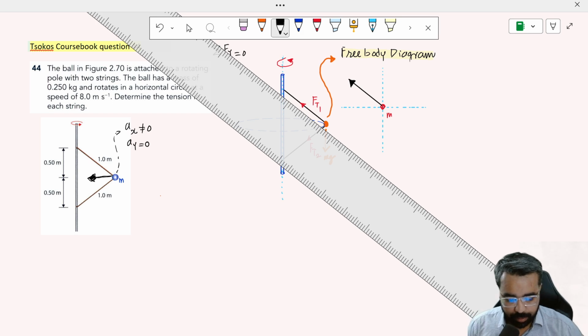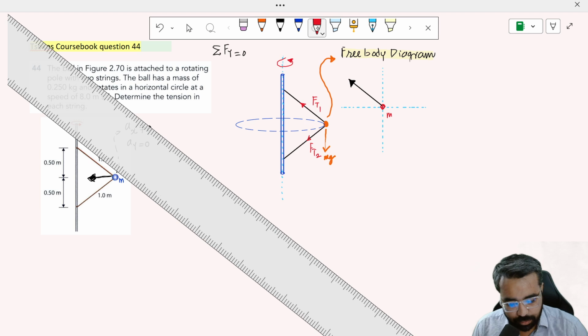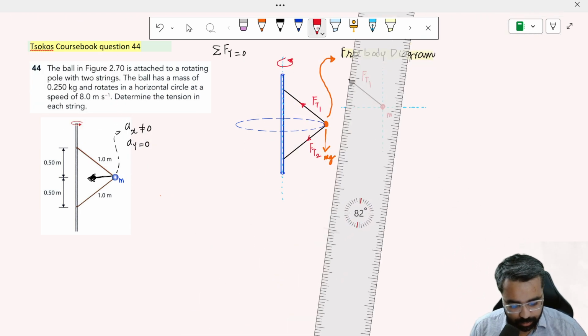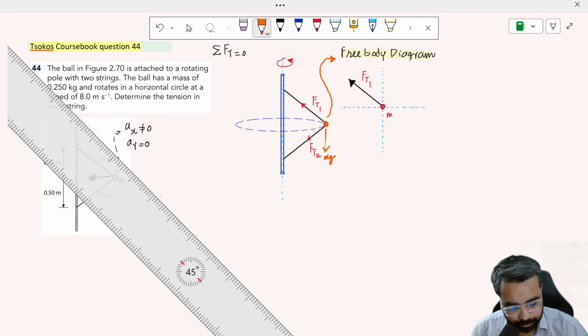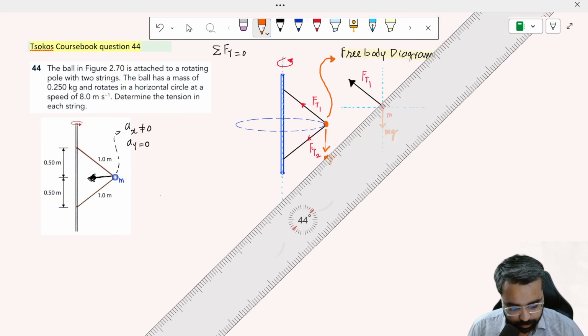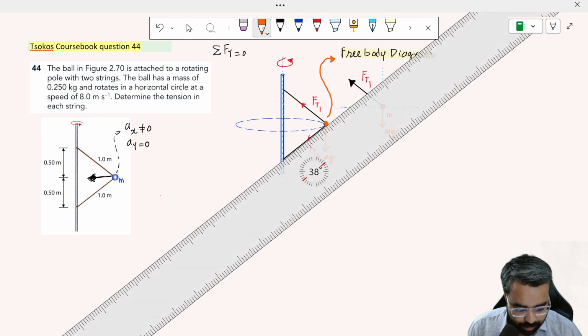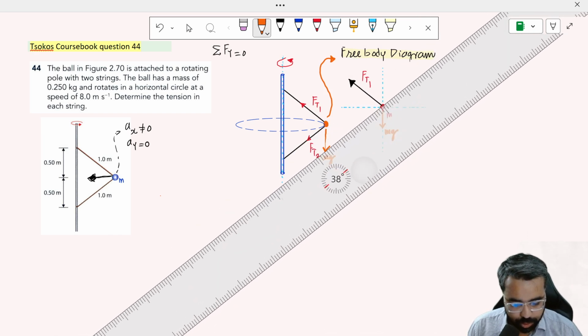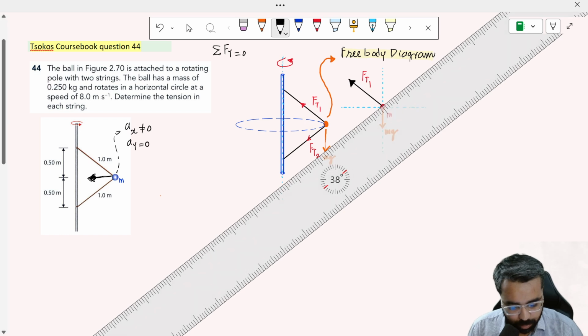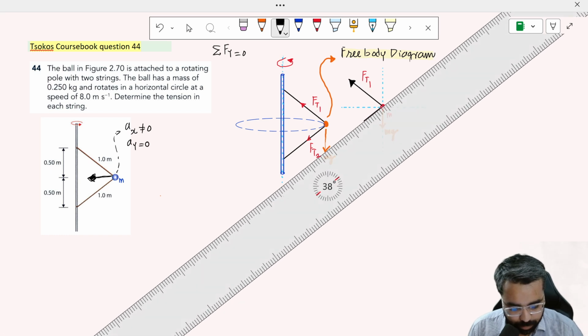That's why I'm saying this. So this is the force of tension 1, and the other force is mg, the weight, and the other force in this string I'm going to show with a smaller arrow, like this.